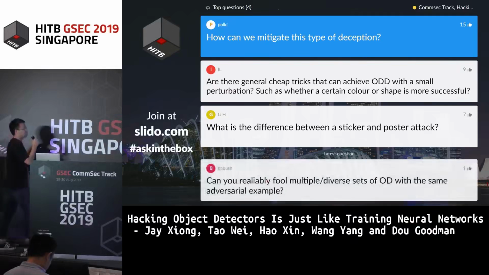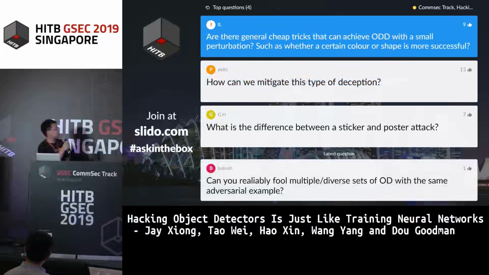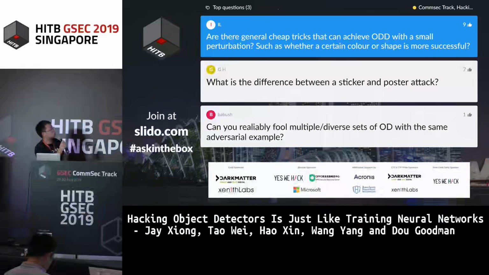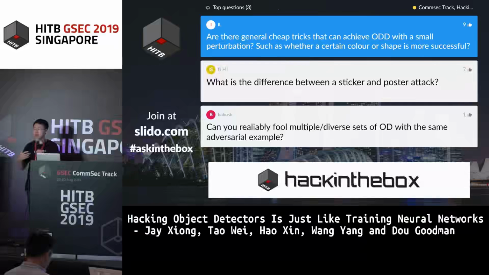Are there cheap, quick and dirty tricks that can fool object detection? I'm presuming that's what you mean, with a small perturbation, such as whether a certain color or shape is more successful. We actually did the experiment by printing random colors as a sticker, but it doesn't have any effectiveness on the object detector.